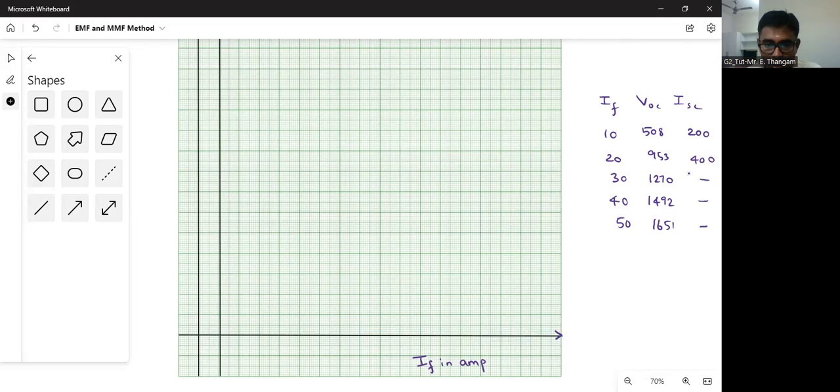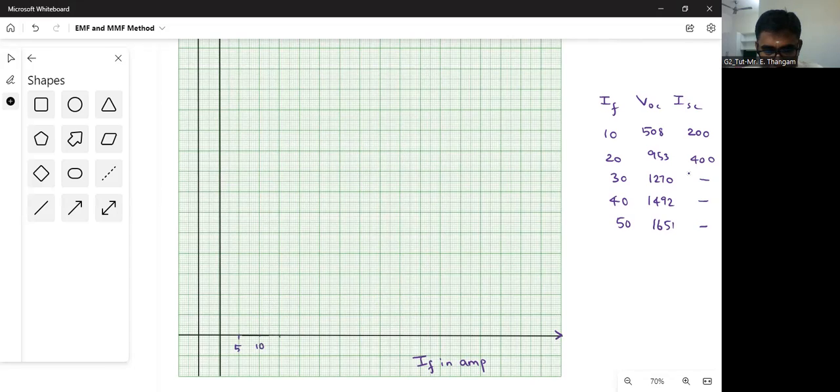First, let me take the x-axis, that is your field current. What are the values? 10, 20, 30, 40, 50. How can we take the axis? We can take 1 centimeter equal to 5 amps. For example, 5 amps, then this point is your 10 amps.